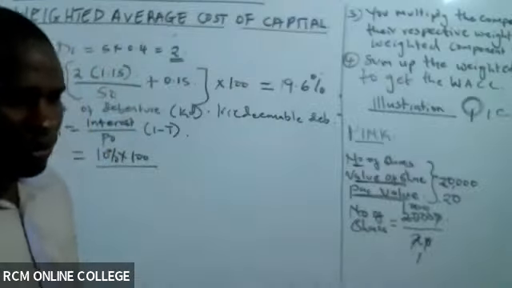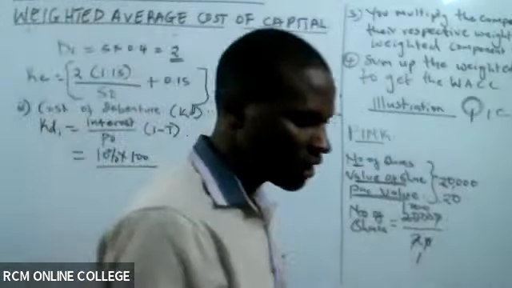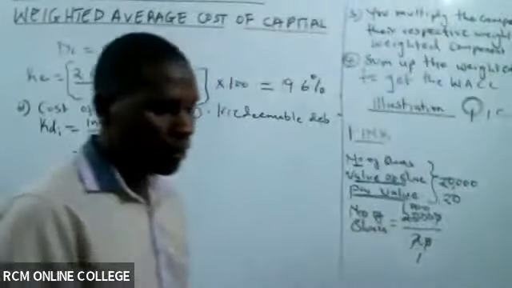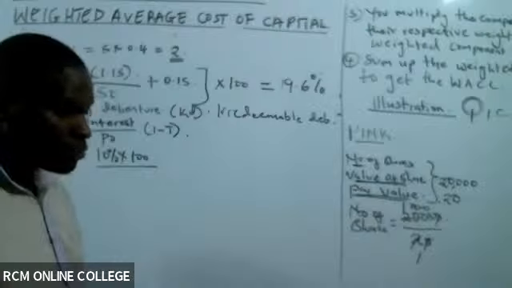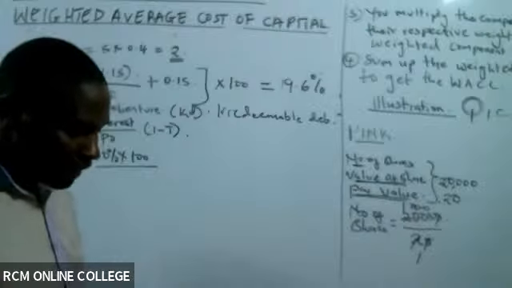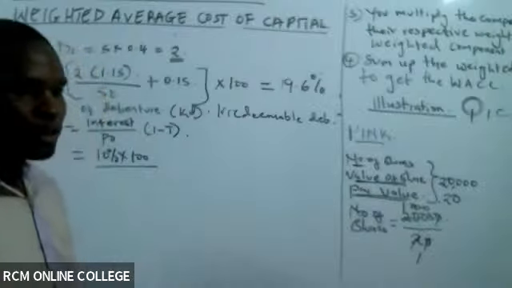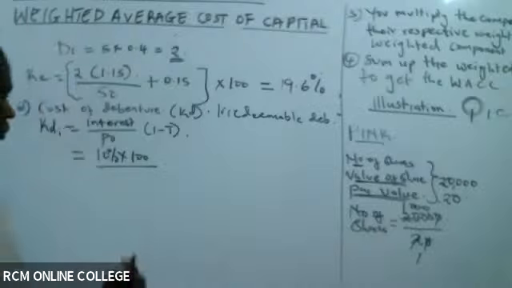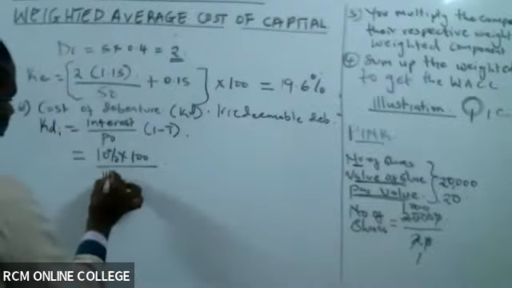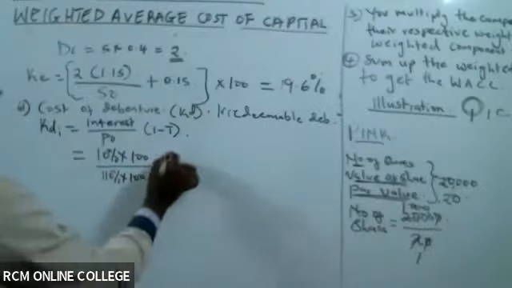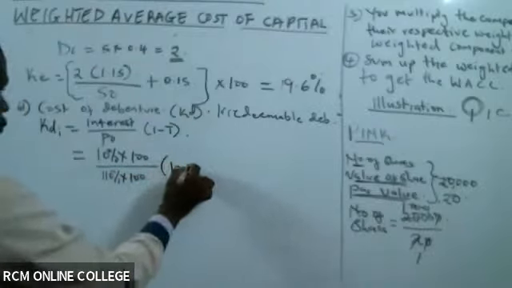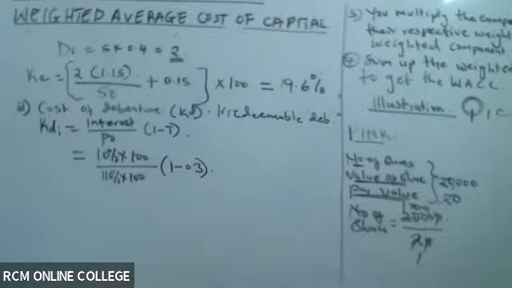Terry asked a good question there. Let's see our P0, our market value. Yes, it is the market value, and we are told it is 110% of par. So it will be 110. Since it is 110% of 100, it remains that way, and then we adjust for 1 minus 0.3.